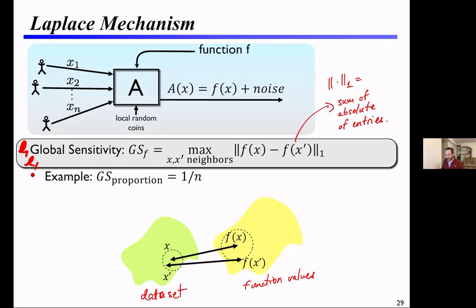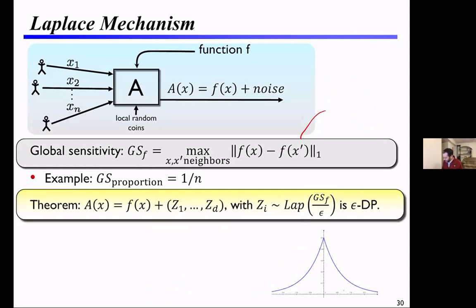The intuition is that the less the function tends to spread things apart, the less noise we have to add. And indeed, that is true, or at least it's sufficient to add noise proportional to this quantity. So the theorem is that the following algorithm is differentially private.